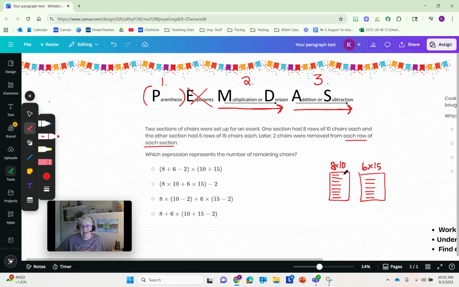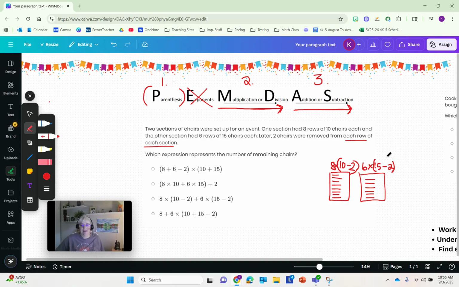It has 8, so 10 minus 2. And I should put parentheses around that because each row is going to have 10 minus 2, and there are 8 rows. And then for this one, I'm going to take away 2. So instead of 15 chairs in each row, we have 13. And just like the other time, I need to put parentheses around that.